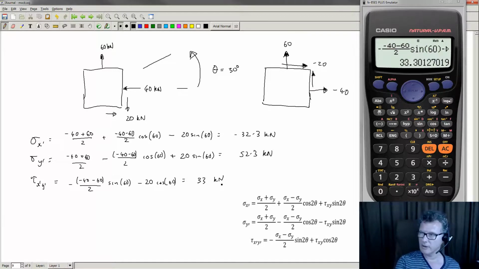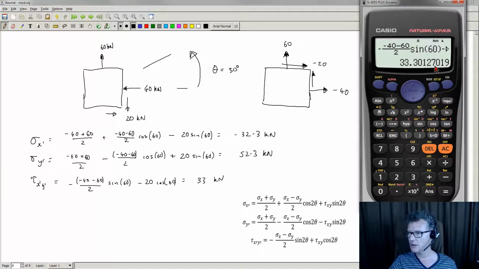Let's check that. What I'll do to check that is go back to my calculator, and I will see what happens if I only rotate it 3 degrees. Okay, only rotate it 3 degrees, and my minus 20 becomes minus 14.